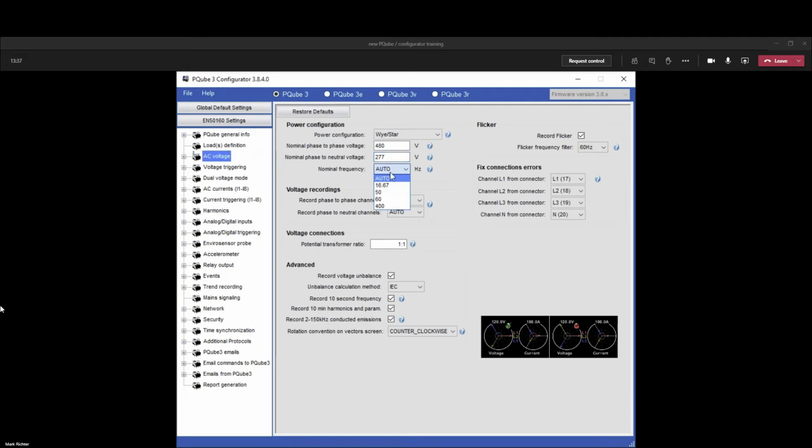Frequency: we're in the United States, so it's going to be 60 hertz. You can leave these as auto or turn them on. Auto should be fine.